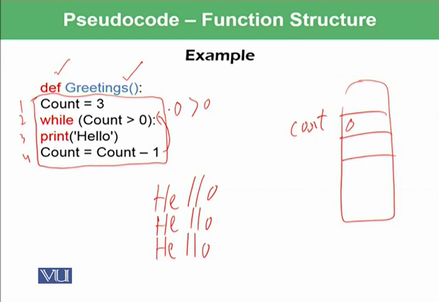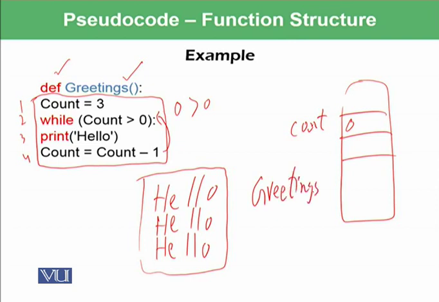So wherever we want to print these 3 hello, we can simply write over there greetings. Wherever we write this word greetings, all of these 4 statements will be executed automatically, and you do not need to write them again and again. This is the advantage of putting things into a function.